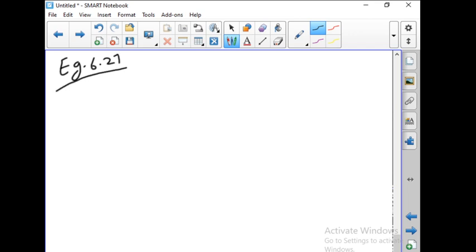Example 6.27. Find the vector equation in parametric form and Cartesian equation of a straight line passing through the points (-5, 7, -4) and (13, -5, 2). Find the point where the straight line crosses the xy plane.